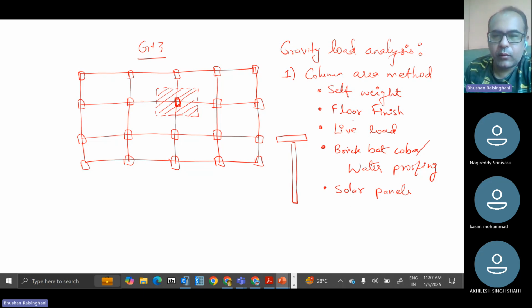So if live load can be compensated, so if solar panel is coming on some portion and people are not able to walk in that portion, then solar panel load is not to be taken separately. It will be taken directly through live load. If it is a separate arrangement, so live load will also be there, solar load will also be there, then it will be added accordingly.